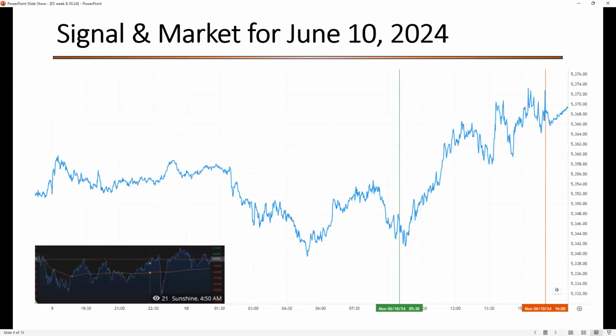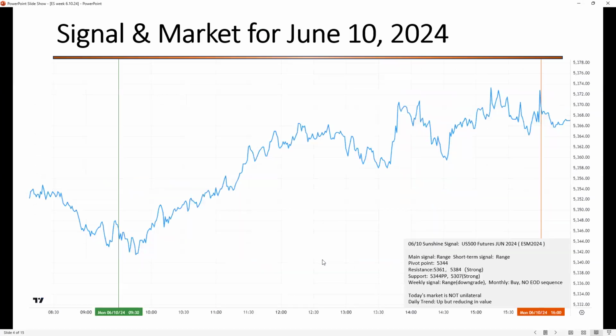For June 10th, recall that the market ended with a range buy signal on Friday, June 7th, and a monthly buy signal. For Monday, June 10th, the reference chart suggested a possible chop day. Pre-market signal is showing a triple range under a monthly buy.